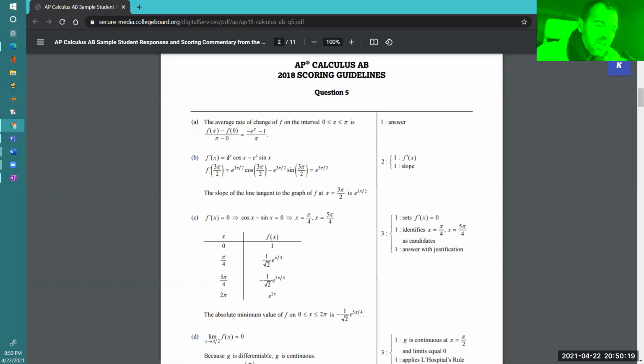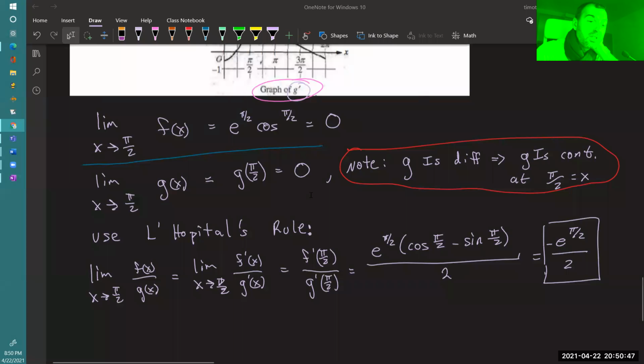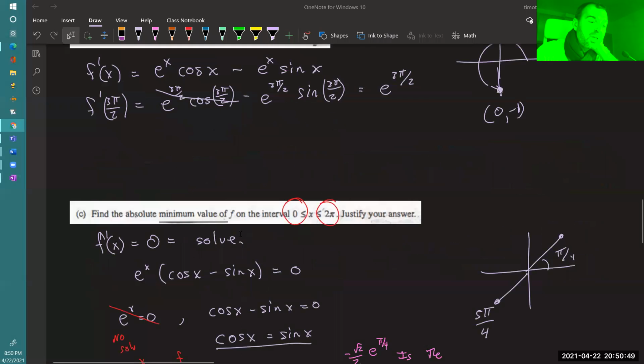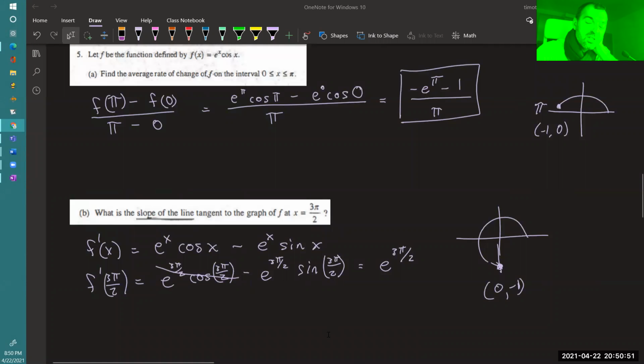Now, B, apparently you get a point for the derivative. And then you get a point for evaluating the derivative and actually writing the slope down. All right. And the slope of the tangent line of the graph. Actually, I think they like it if you write that down. Look at that. You know what? I might have missed some points there. Look at this. Let's go back up to part B. Find the slope of the tangent line.